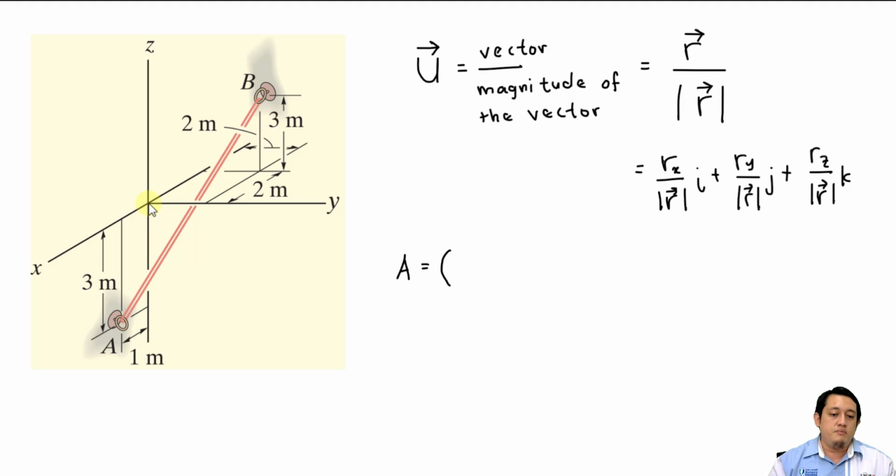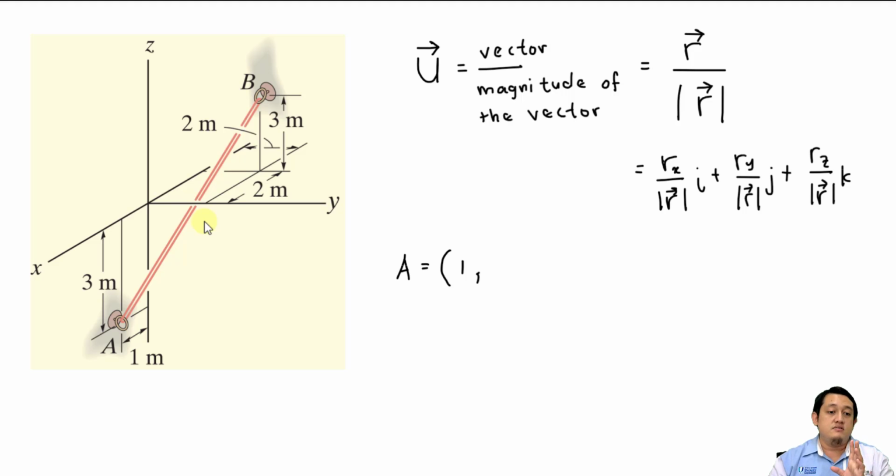From here, how do we travel to A? First, we need to find the X direction. We need to move from here to here, which means 1 meter. So the coordinate for X is 1. What about Y? Do we need to travel in the Y direction?